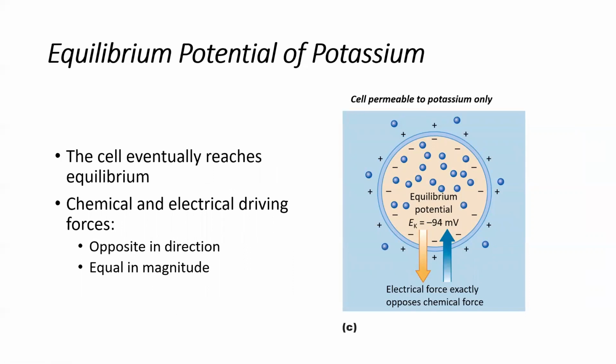So when we combine those forces and potassium gets to its equilibrium, that value ends up being about negative 94 millivolts. So after potassium moves in and out and it finally gets to that stable equilibrium, what does that equilibrium represent? What's happening with potassium here?